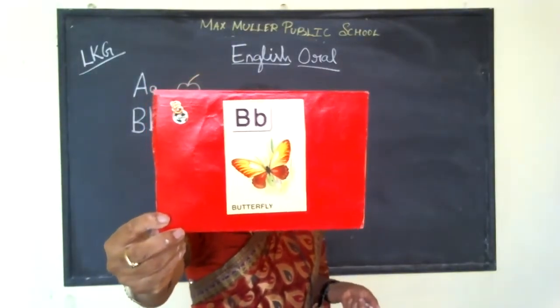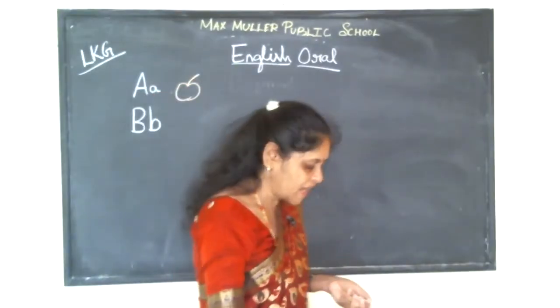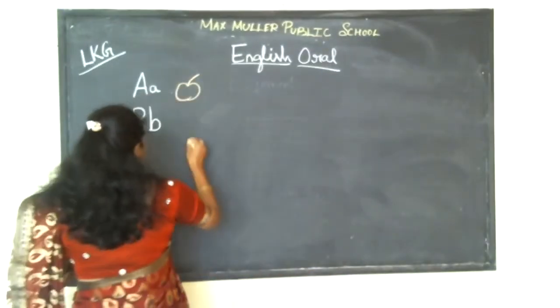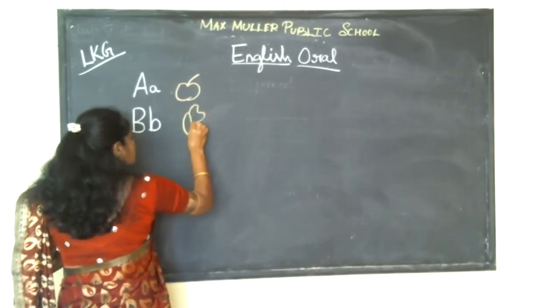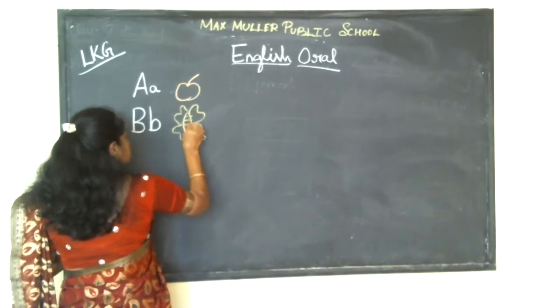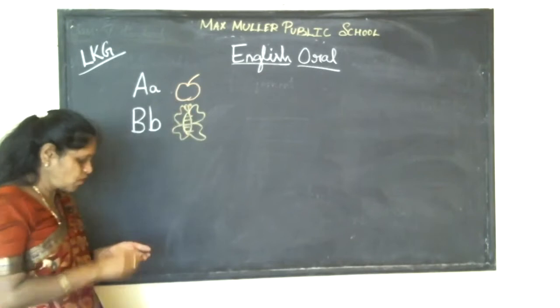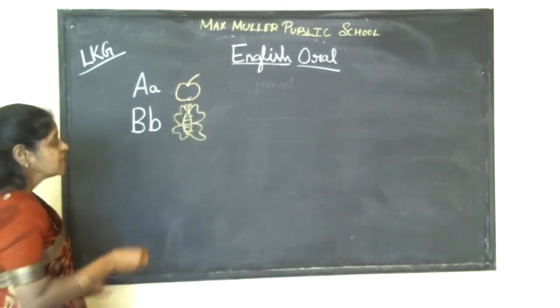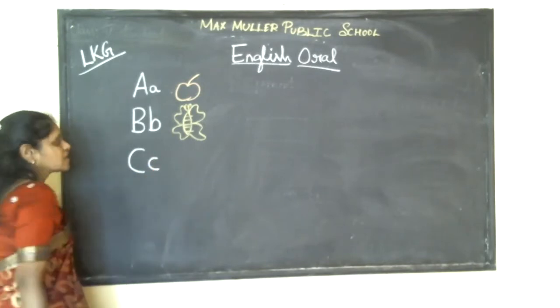B for butterfly. B for butterfly. Okay, B for butterfly. Next, capital C, small c.